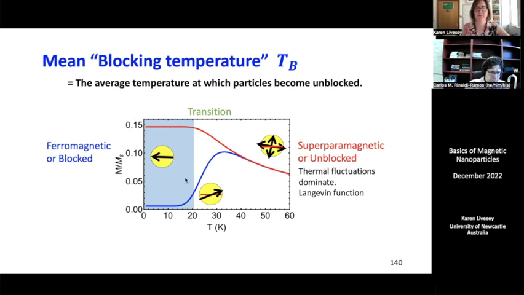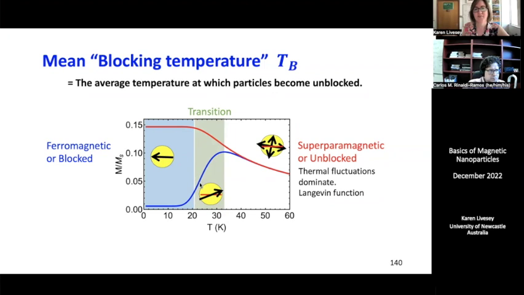Then we get to sufficiently high temperatures that thermal jiggle is becoming sufficient to send some of the particles over their energy barriers. And so the moment here in the zero field cooled case starts turning on, because some of them can escape their local energy wells and start lining up with the field. So we see this turning on here of the moment.